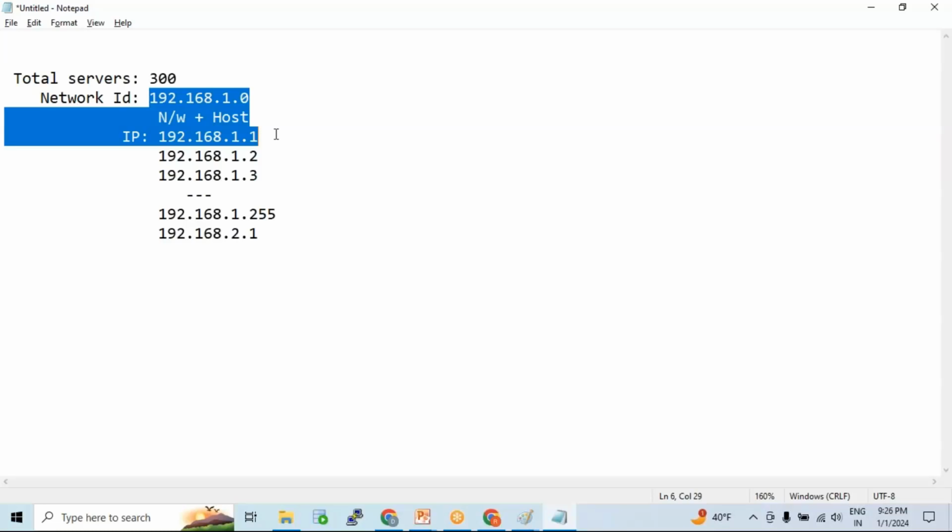Second server, hey, this is your IP, this is your network ID. So for every server, you need to tell what the IP of the server is plus what the network ID of the server is. You need to tell both parameters. Are we good with this? Then only your system knows which network the IP belongs to. Then only it can understand which systems are part of the same network.